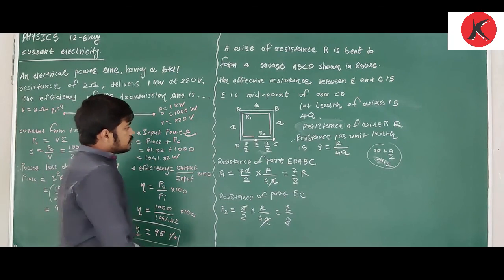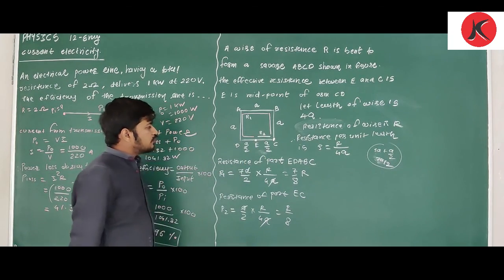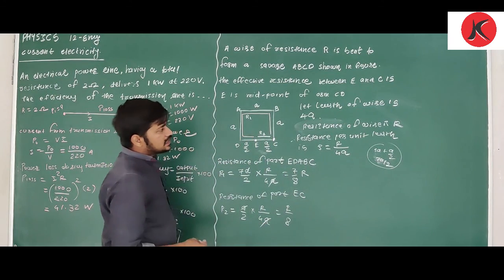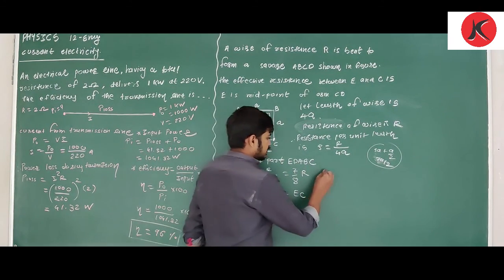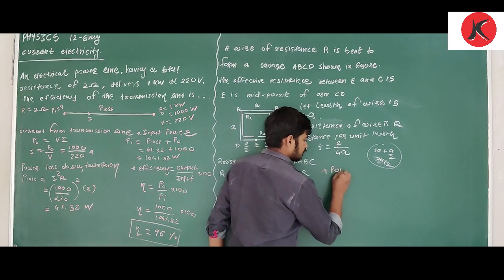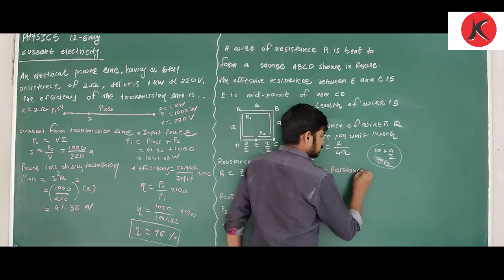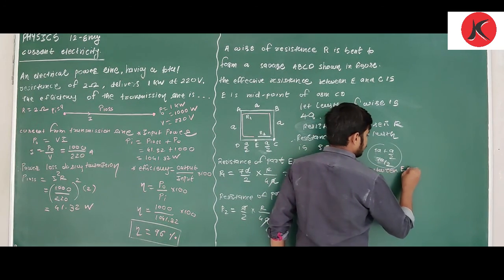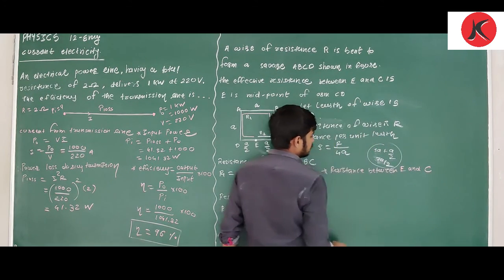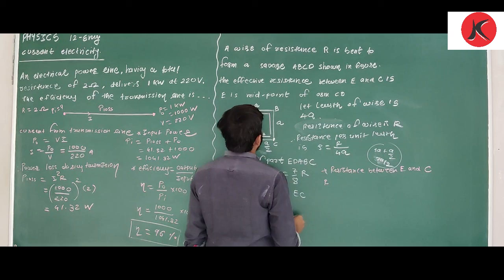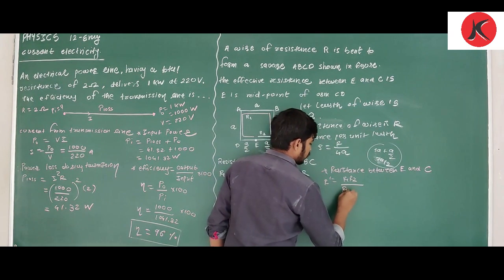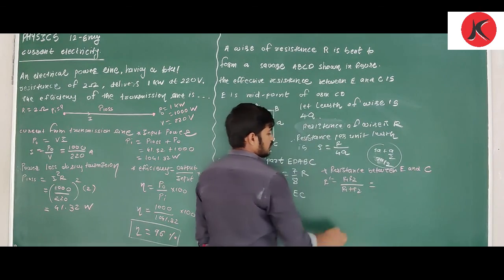Now, as these two parts are in parallel connection between E and C, the equivalent resistance between E and C, R dash, is equal to R1 R2 upon R1 plus R2.